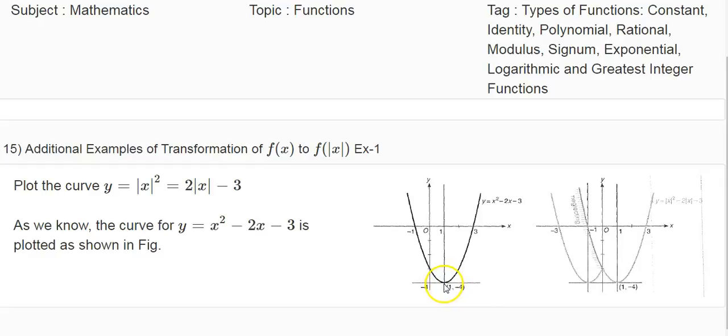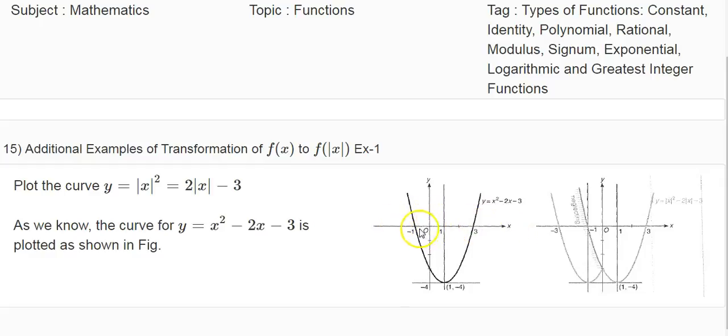So for this particular quadratic equation, the minimum would occur at x is equal to 1. When we put this value, we get the value of y as minus 4. And when we say that for y is equal to 0, what are the values of x?